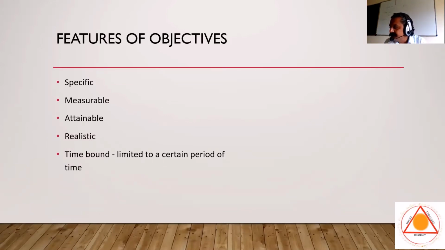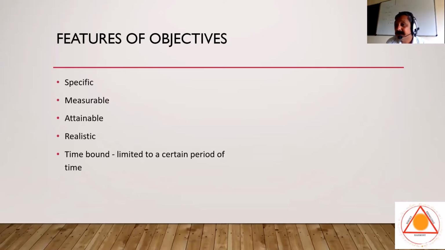And these objectives will allow you to understand the measure of your objective. If it is measurable, it is attainable. If it is attainable, that means it is realistic, and it has a time limit.